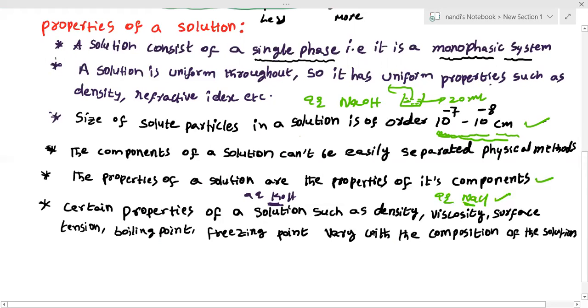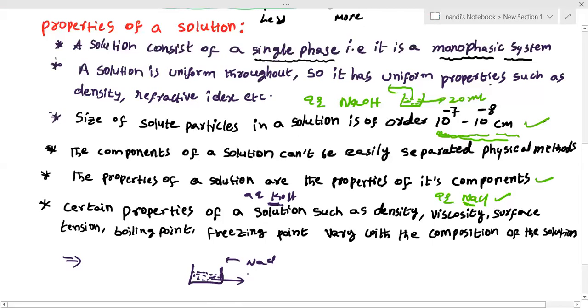Certain properties of a solution such as density, viscosity, surface tension, boiling point, and freezing point vary with the composition of the solution. They depend upon composition also. These properties we are going to study as colligative properties. By adding more NaCl to the solution, the solvent's properties change.